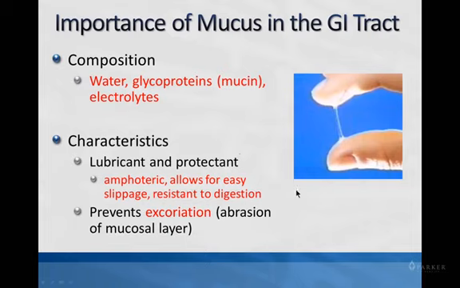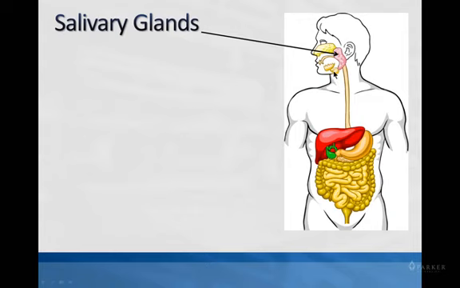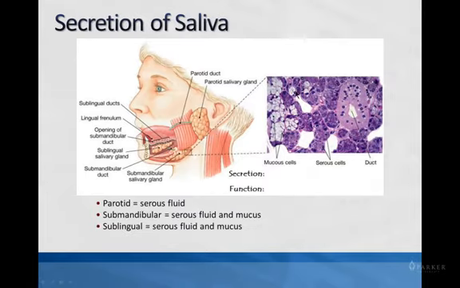Now we're going to look at the first secretion that we get in the oral cavity, which does include mucus, and we're going to be looking at the salivary glands. This picture depicts the parotid glands, but we're going to look at the salivary glands and their secretions. So we have the parotids, the sublingual, underneath the tongue, and the submandibular glands.